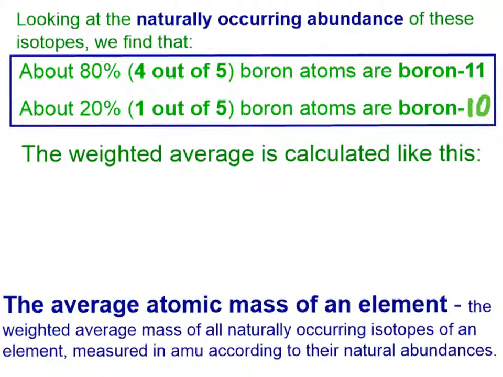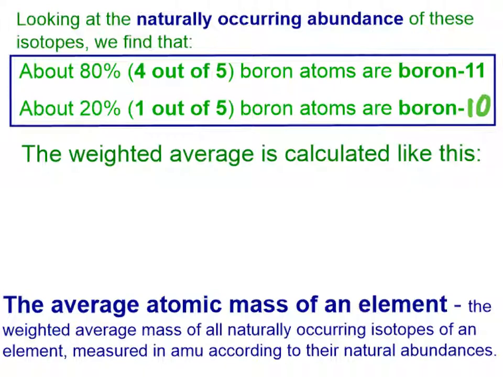So scientists look at the naturally occurring abundance of these different isotopes. And when they look at how much out of all the different boron atoms that exist naturally, about 80% of all those boron atoms are the boron 11 isotope. About 20% of them are the boron 10 isotope.